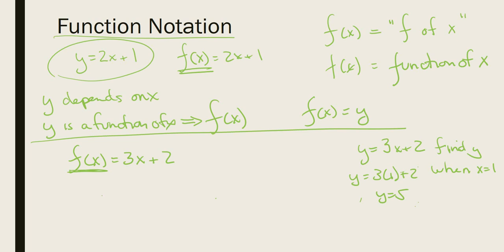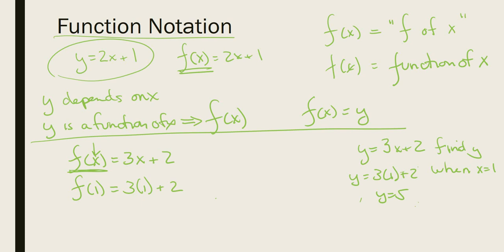Function notation is much simpler. If I want to find the function value, the function of x, when x is 1, I simply say find f of 1. And what I do then is every place that I had an x, I substitute a 1.